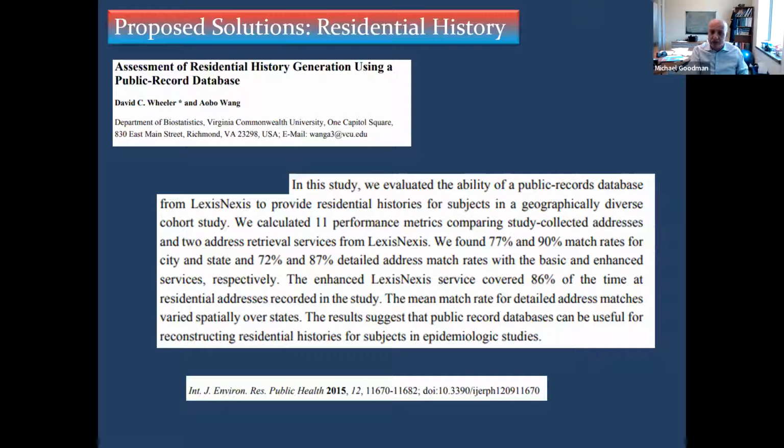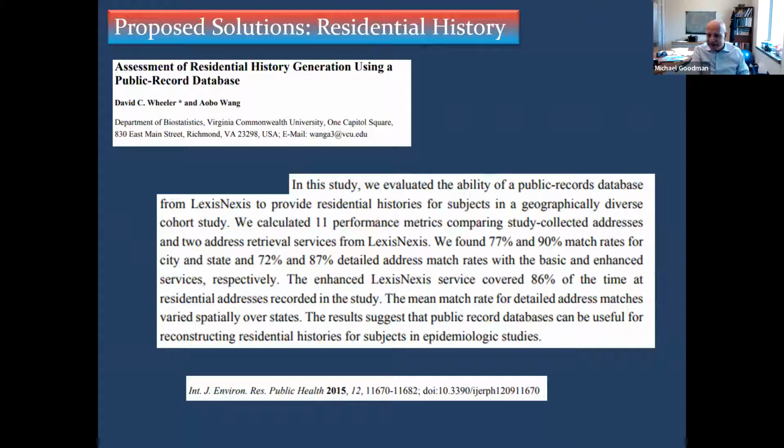LexisNexis allows, or at least allows to attempt, reconstructing not only current addresses, but also past addresses for a given individual. Now, there's a lot of issues that may be related to confidentiality and sort of IRB approval of that, because the study that I cite now, there are several other studies. They usually do that because they have explicit consent from participants to access LexisNexis.